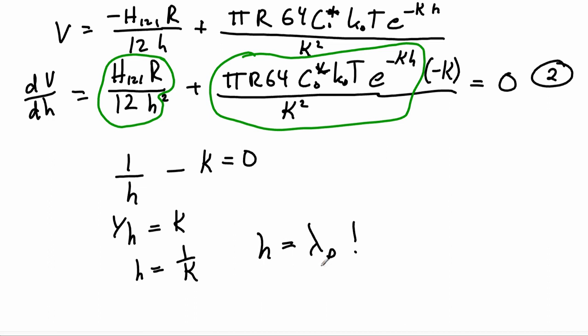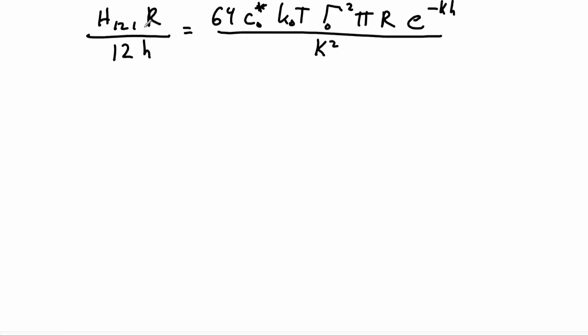So we're going to plug this back into equation 1. We can see, well, let's just cross off r's on both sides. And then let's plug in the equation we just derived, which is that h is equal to 1 over kappa here.